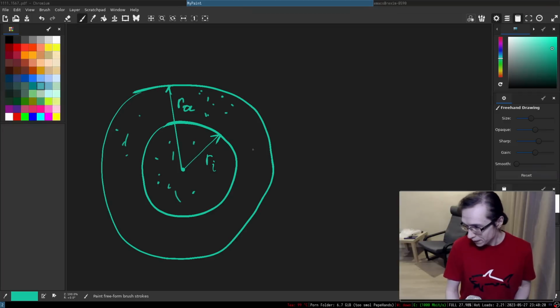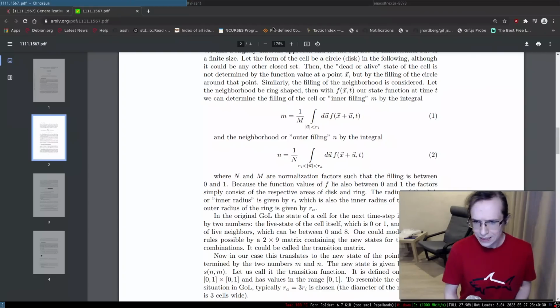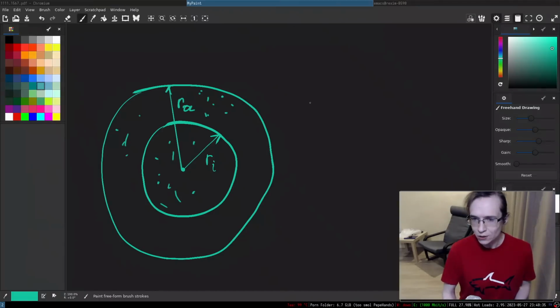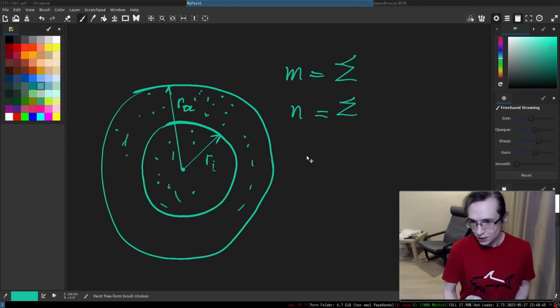So you literally iterate through all of the cells in the inner circle and the outer one. If I remember correctly, the inner one is called M, so M is the sum of all of the values inside this circle, and N is the sum of all of the values on this outer ring in here.